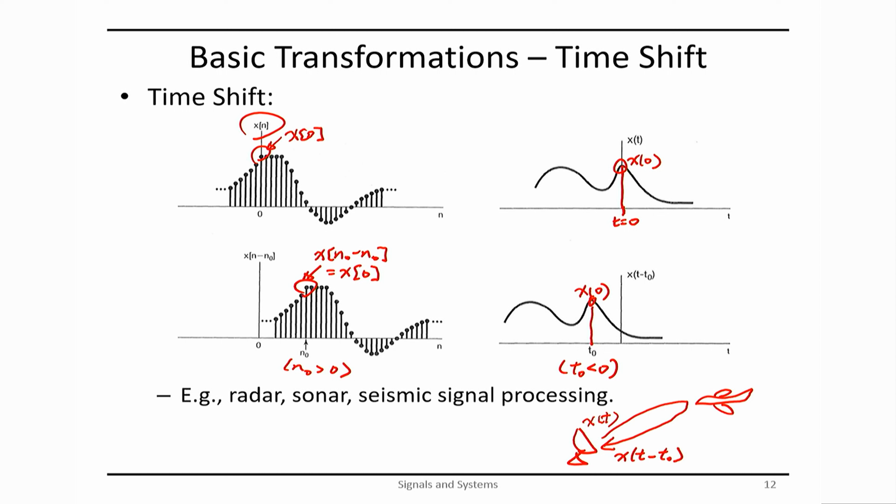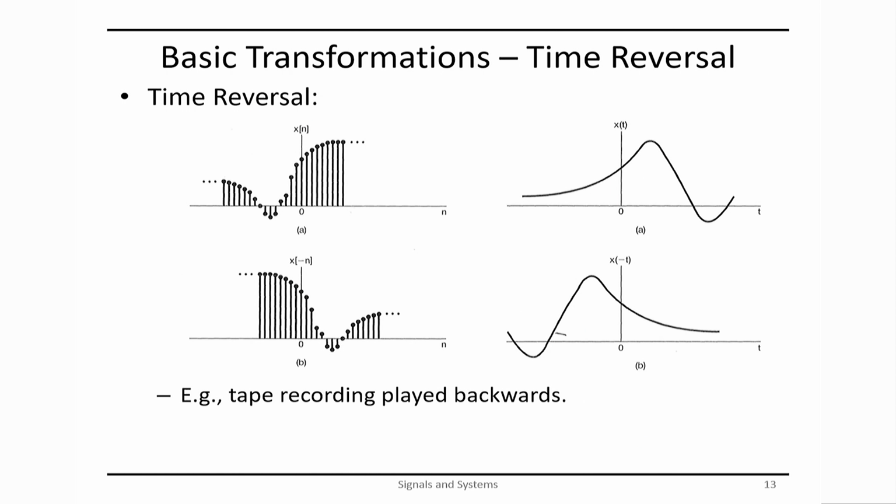Now, another basic transformation is time reversal. Time reversal is just taking the original signal and looking at its mirror image, or its reflection about the origin. Mathematically, the time reversal of a signal x of n is just x of minus n.